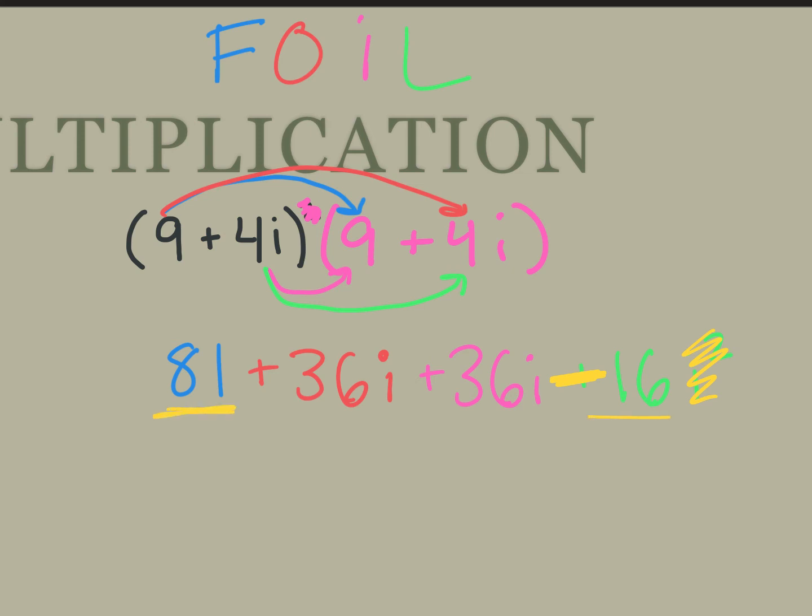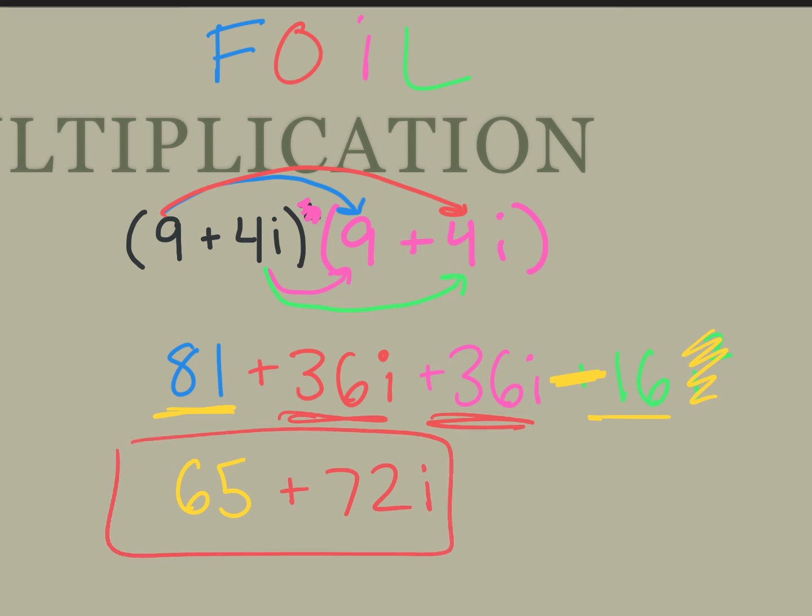So I have 81 minus 16. What's 81 minus 16? 65. And then I have 36i plus 36i. So plus 72i. And that's our answer.